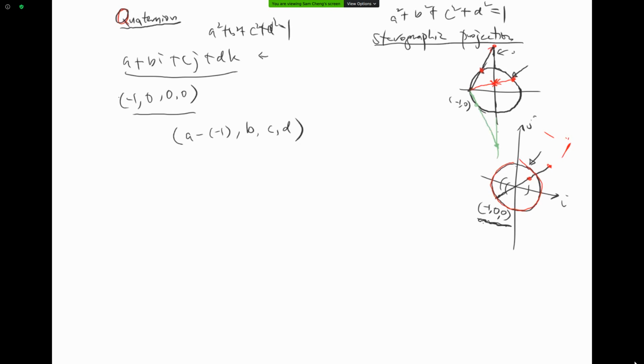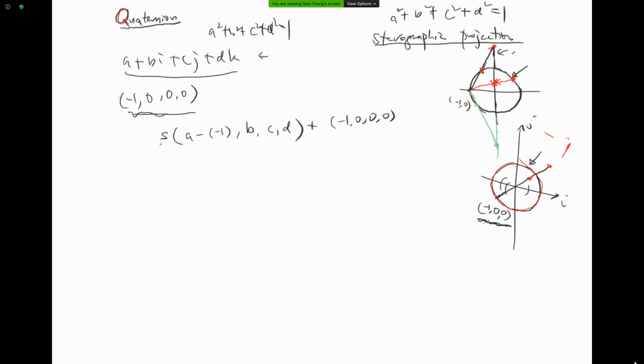Of course I can write ijk, but this is more like a vector form here, parameterized by some s. This is the direction, so if I increase this s, it will be a longer line, and of course this line should pass through this point, so I should add this -1 0 0 0. So this is basically the line equation.